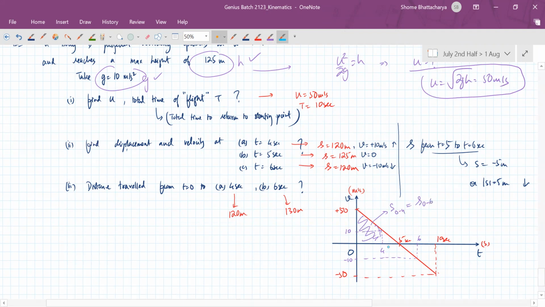Because whatever displacement is happening from 4 to 5 is cancelled by the displacement that is happening from 5 to 6. So displacement from 4 to 5 has the same magnitude as the displacement from 5 to 6, which is 5 meters. Okay. That's why total distance will be the sum of these two triangles, but the displacement will be the larger triangle minus the smaller triangle for 0 to 6. So you can just use the graph to calculate these also.